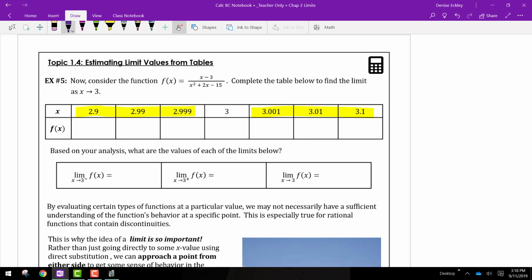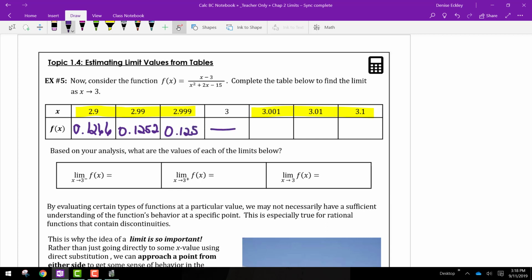I can do that in class if anyone needs it, but the values I got for my table are, for 2.9 is 0.1266. For 2.99 is 0.1252. For 2.999, I have 0.125.